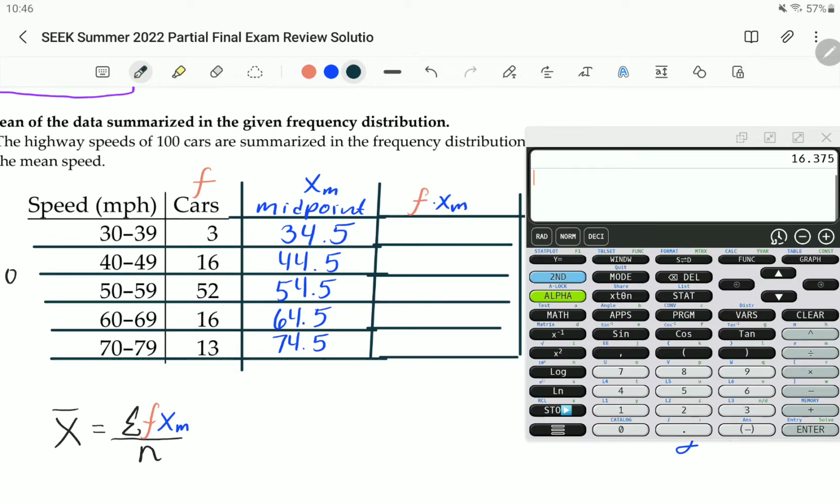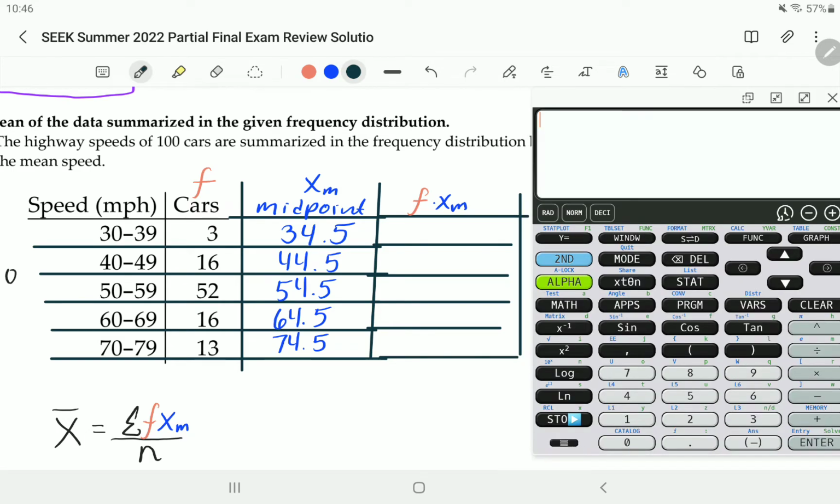So the first one is going to be 3 times 34.5. That is 103.5. 16 times 44.5.